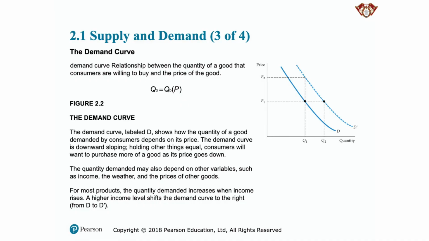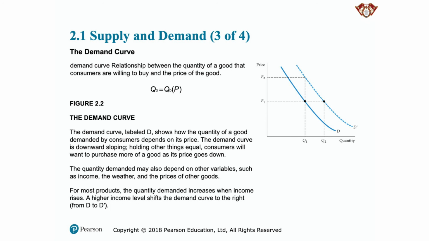Look at this. The demand curve labeled D shows how the quantity of goods demanded by consumers depends on its price. The demand curve is downward sloping. Downward sloping means a negative relationship, right? And the first derivative of the demand curve is negative. Holding other things equal, consumers will want to purchase more of a good as its price goes down.